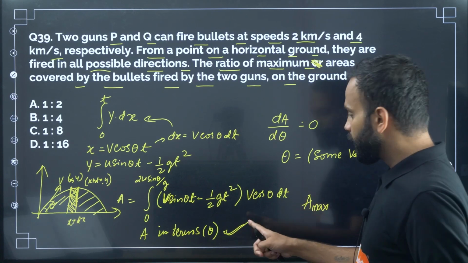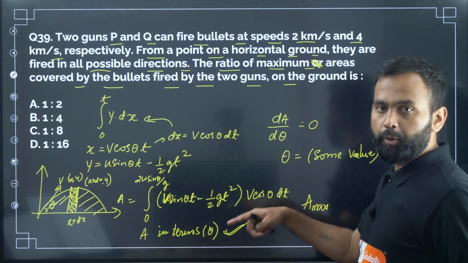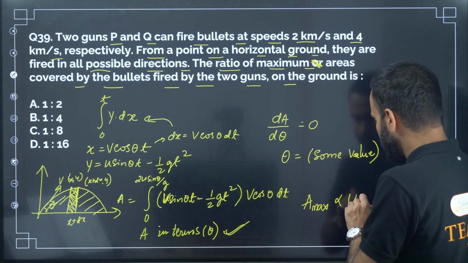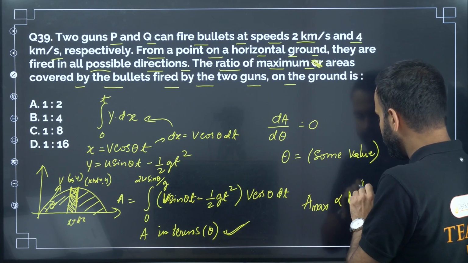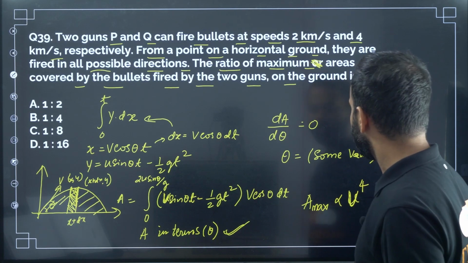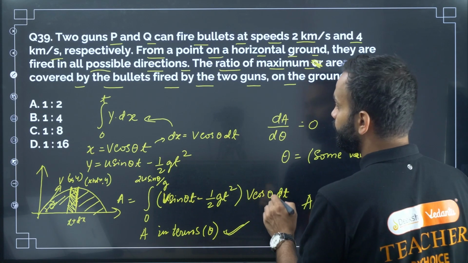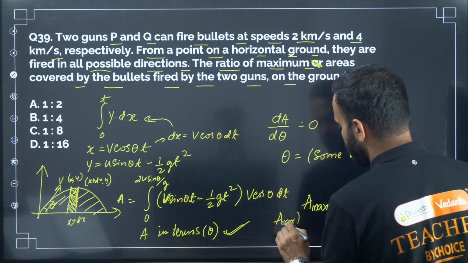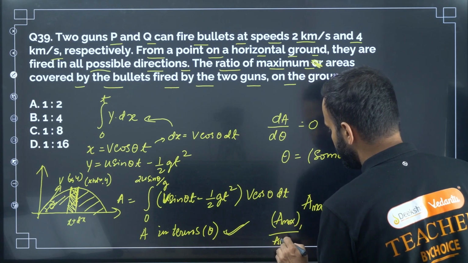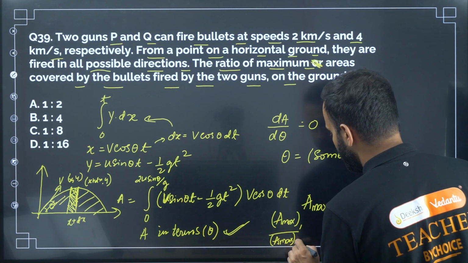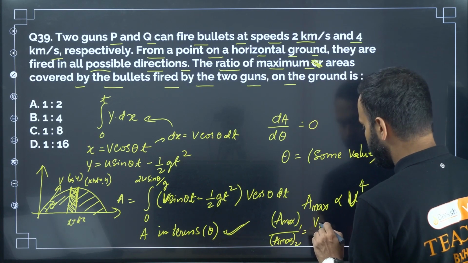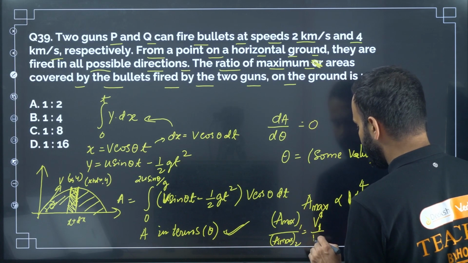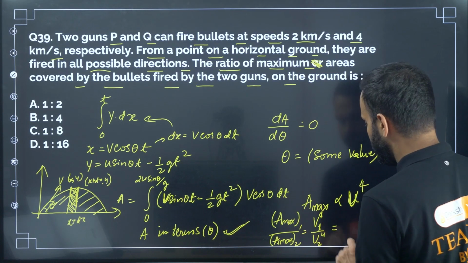So in there, a V to the power 4 term is there. So the maximum area is directly proportional to V to the power 4. Now take the ratio A max 1 divided by A max 2, which is equal to V1 to the power 4 divided by V2 to the power 4.